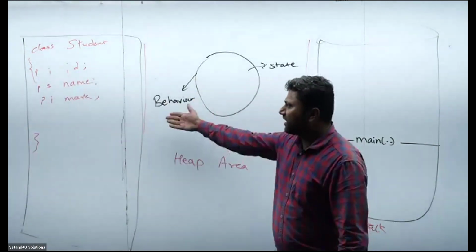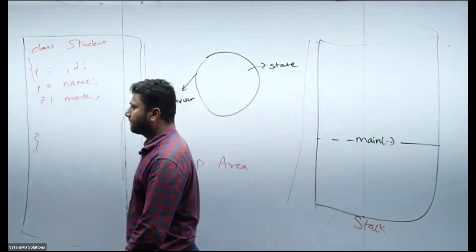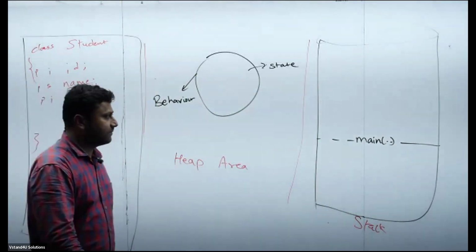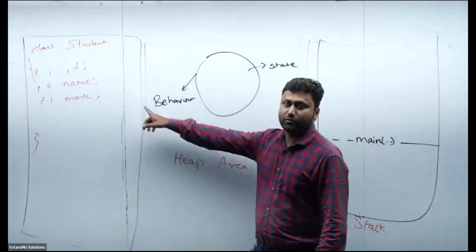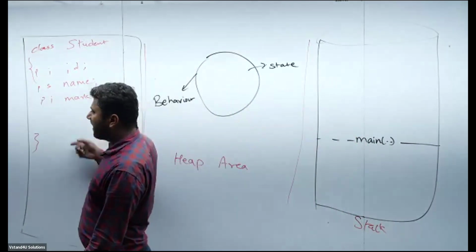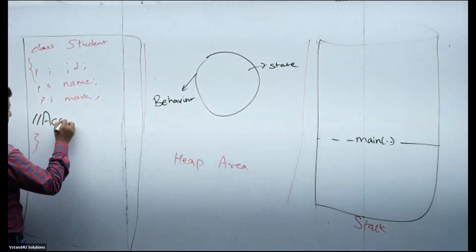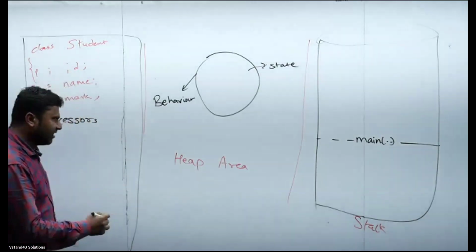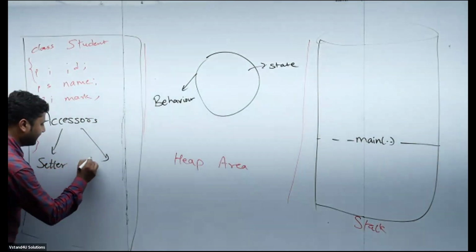How do I make my class fully encapsulated? Instance variable. What to do with the instance variable? Perfect. Private. I have to ensure all the attributes are marked private and have accessor methods, setter and getter.